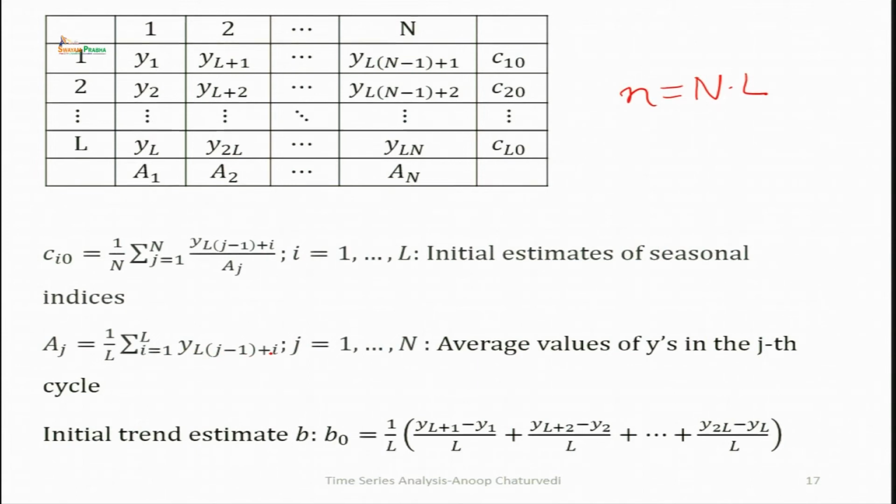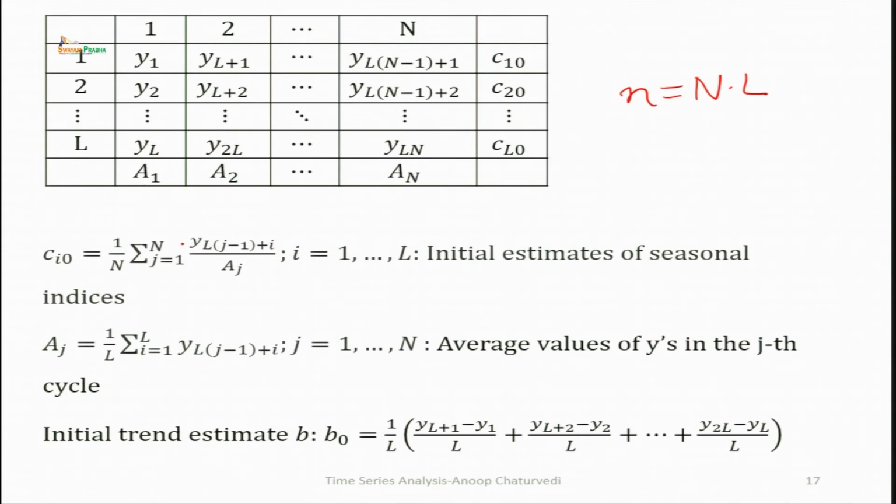So, basically A1 is the arithmetic mean of this first column, means suppose here you have different years, then A1 is the mean for the first year, A2 is the mean corresponding to this column, and so on. And similarly, you define CI naught here.